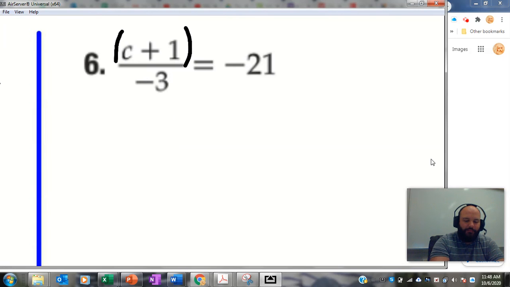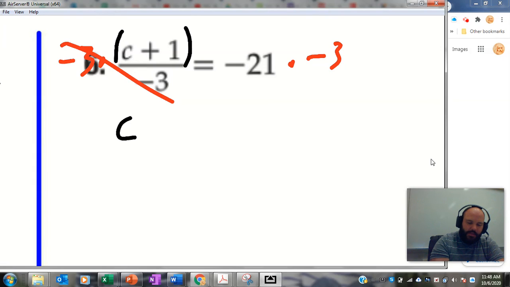But we need to get rid of the -3 first in this case because the parentheses restrict us from working inside first. So to undo division by -3, we are going to multiply by -3 like this. And you can see the -3's cancel.